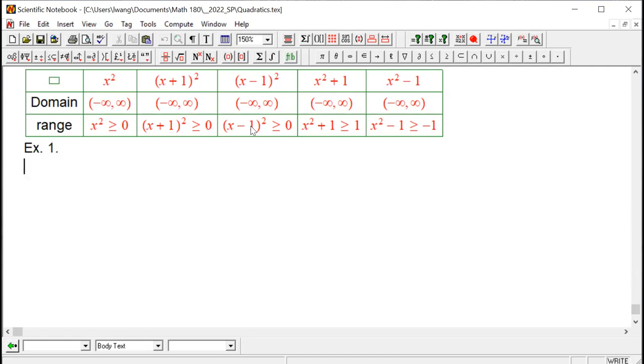number 1. I'm going to create a new function. This function will have x minus 2 squared, and then I'm going to times 2, and outside, I'm going to subtract 1. And this is my function.